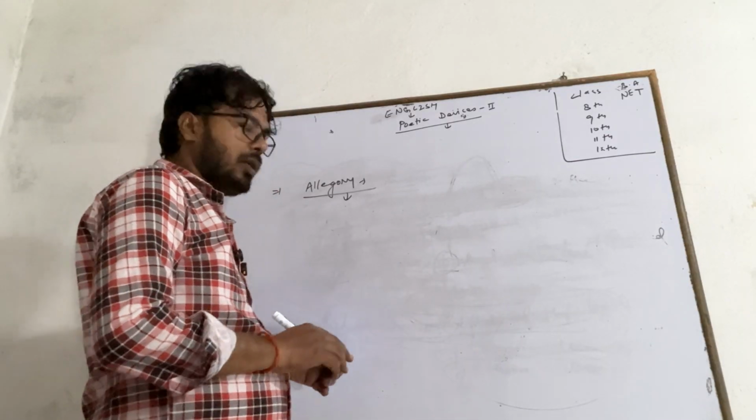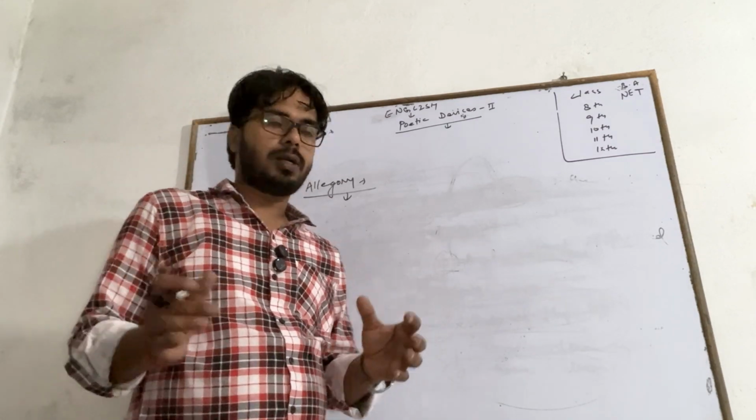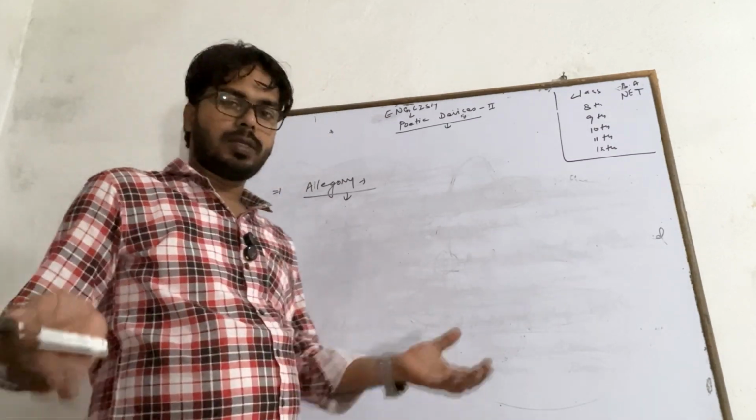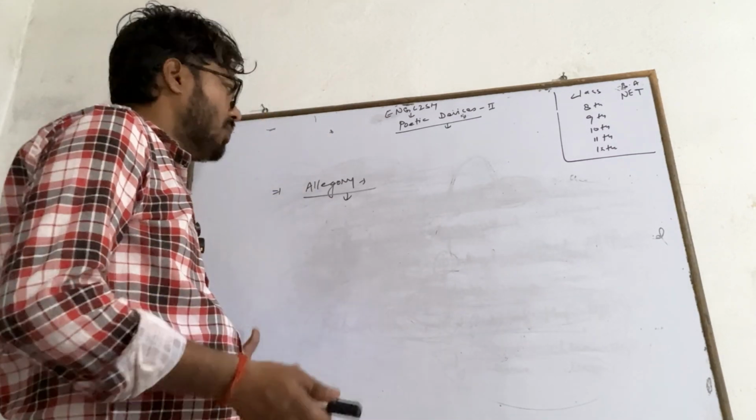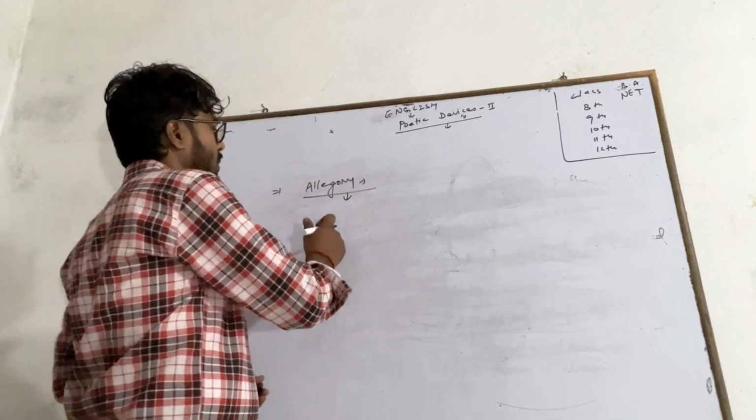In allegory, if a book, any art, any word or any sentence has some different, hidden meaning, that is allegory.